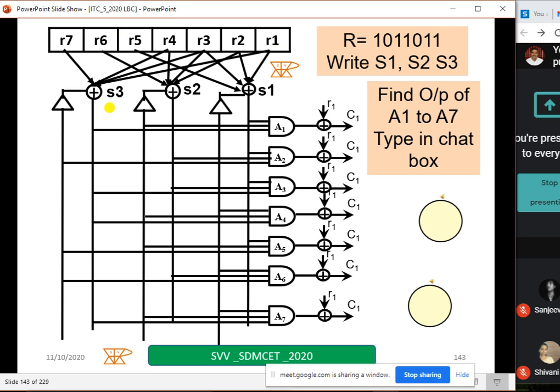What will you get for S1, S2, S3? Anyone of you can type in the chat box. You have to type how much S1, S2, S3 is, and mark it here. On this line, S1 is 0 or 1, S2 is 0 or 1, S3 is 0 or 1, you have to write here, so that the opposite of this will be here.